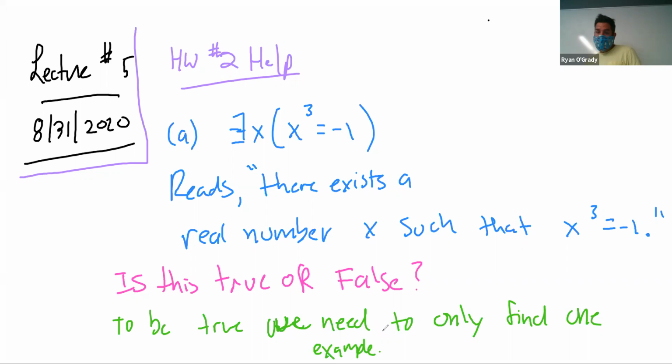One way to see it is to just solve. What would x be? Take the cube root of both sides. Oh, the cube root of -1 does exist. It's -1. So note, x equals -1 works. Does anybody not see that?